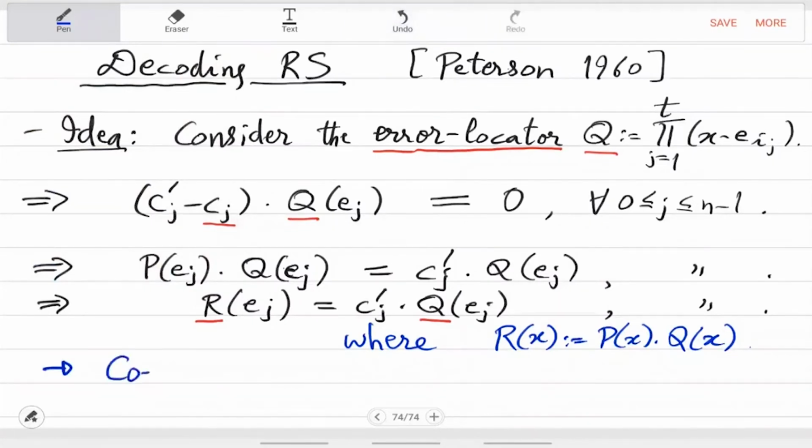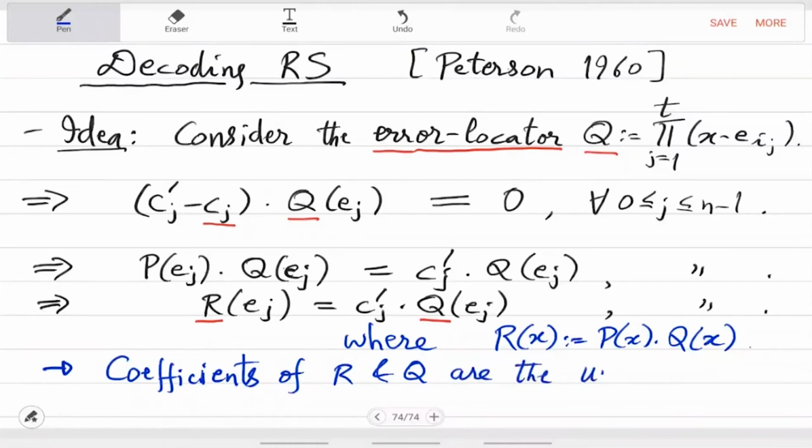So the coefficients of R and Q are the unknowns, and in that you have n linear equations. So this linear system Bob will now try to solve.